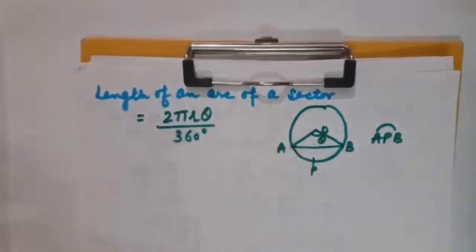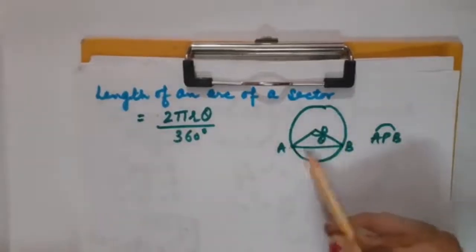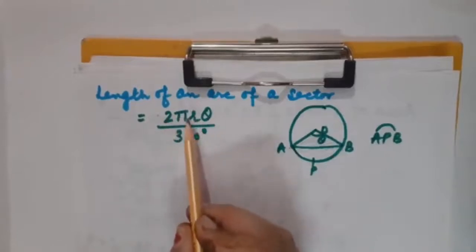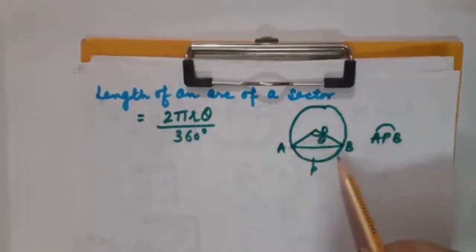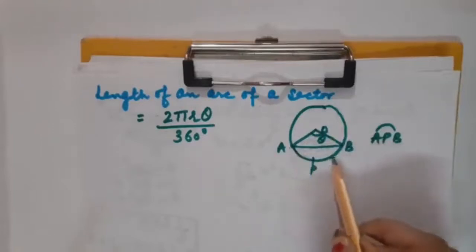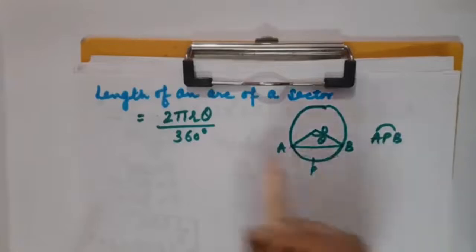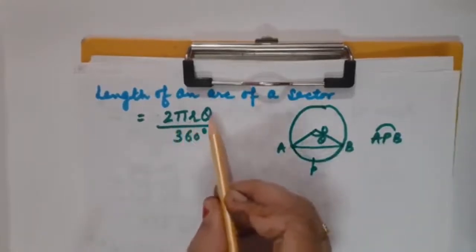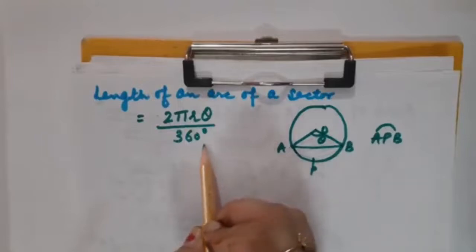When we were talking about the area, we applied pi r square because we had to use the area of the circle. But now we are talking about this length, which is nothing but some part of the circumference. So the formula changes to the circumference: 2 pi r theta upon 360 degree. Got it, children?